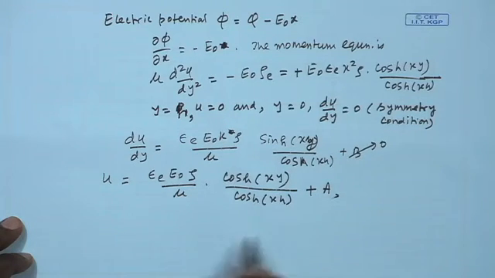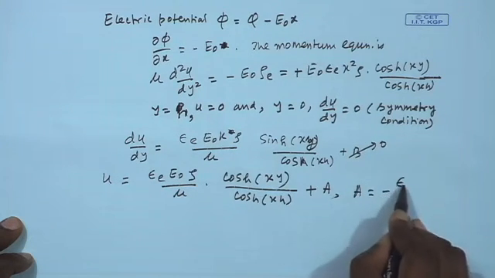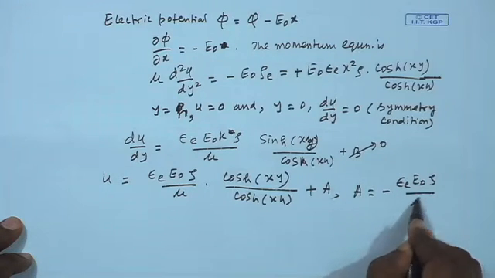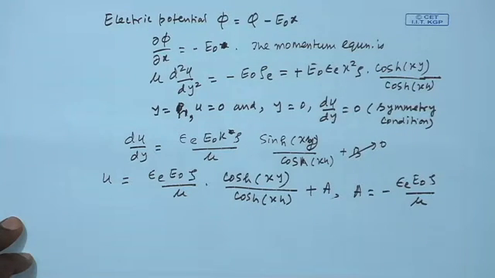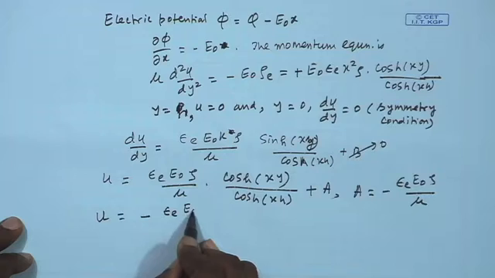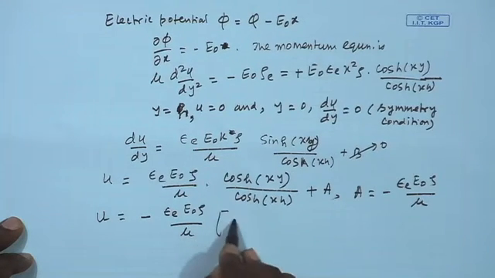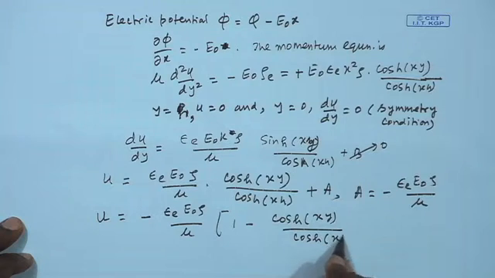Now what we have is u equal to 0 at y equal to h. So this gives the situation: a becomes minus epsilon e E0 zeta by mu, because the cos hyperbolic terms get cancelled. So what we get now, if I take this common, is u equal to epsilon e E0 zeta by mu into 1 minus cos hyperbolic kappa y by cos hyperbolic kappa h.